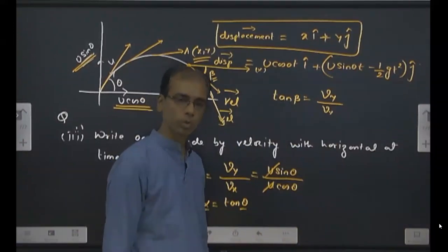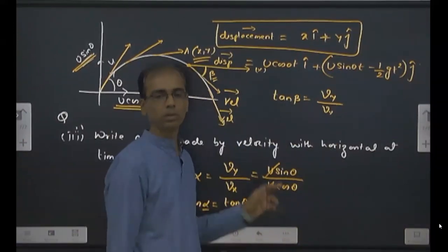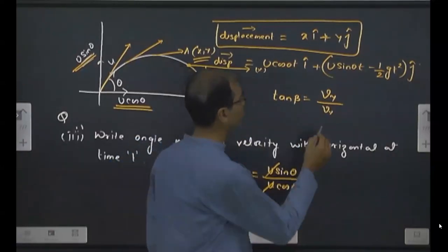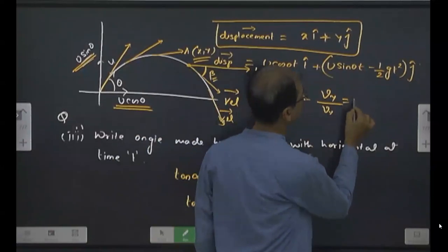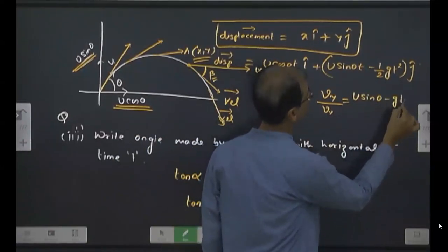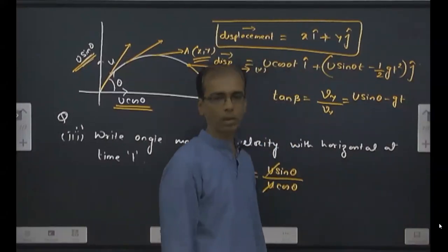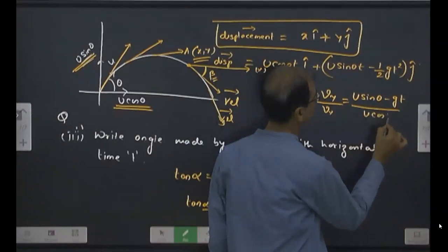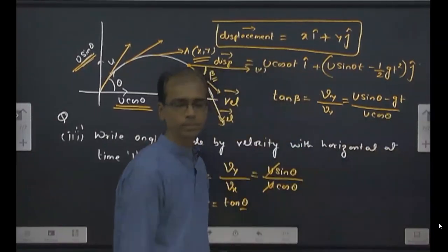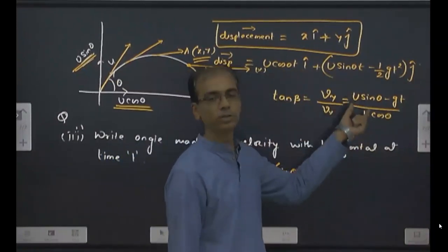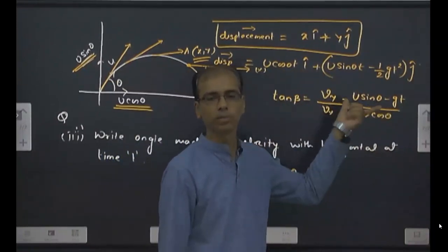It is always true. Now what is Vy? We found a little while ago: u sin theta minus gt. What is Vx? U cos theta. That's it. So tan beta equal to Vy by Vx. Once you have the value, keep the value and beta will be there.